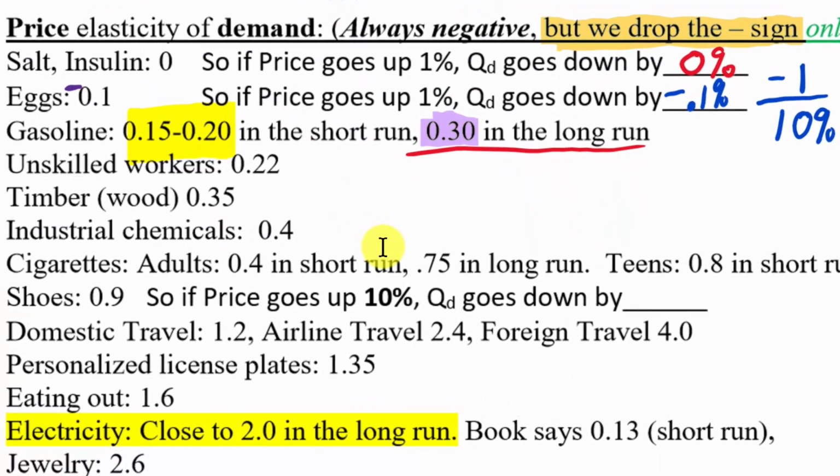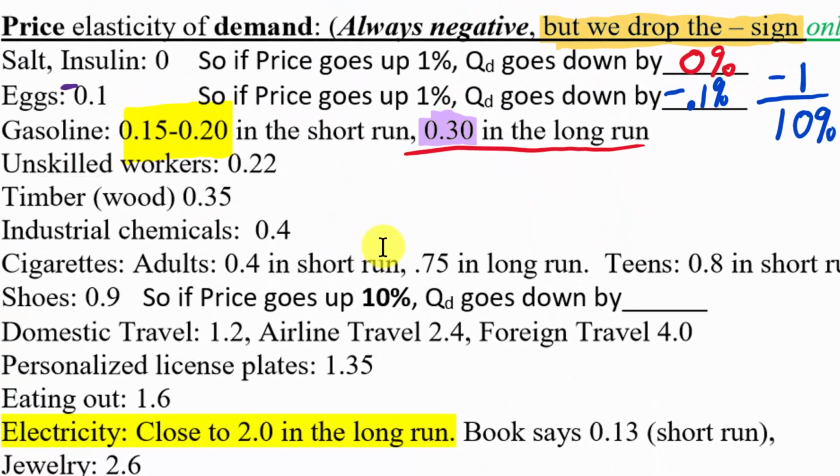One other interesting one here, where I have some short run and some long run estimates of elasticities, is for cigarettes. And we also have some elasticities for different kinds of people. So for adults, inelastic, less than 0.1 in the short run. So we would interpret this as for each 1% the price of cigarettes goes up, adults will smoke about 0.4% less. 10%, 4%, 100% change in the price, 40% decrease in the amount of smoking for adults in the short run.